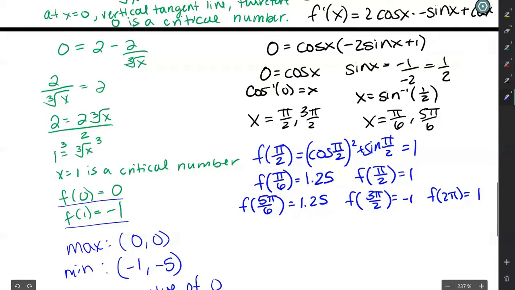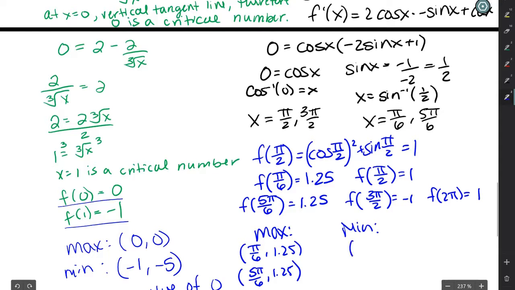So now looking at these, I have maximums at pi over 6, 1.25, and 5 pi over 6, 1.25. And then I have a minimum at 3 pi over 2, negative 1.